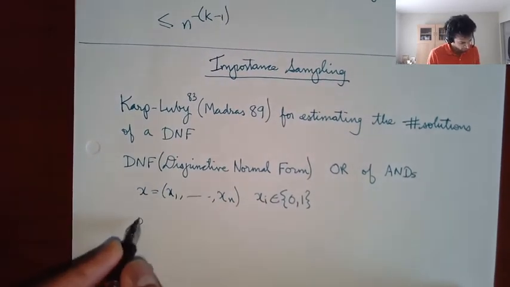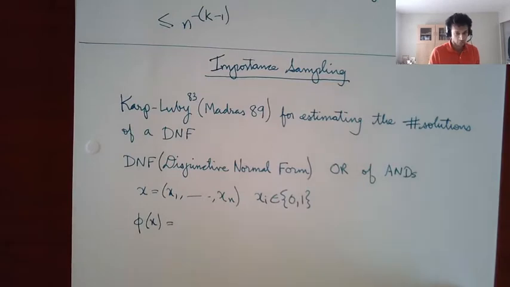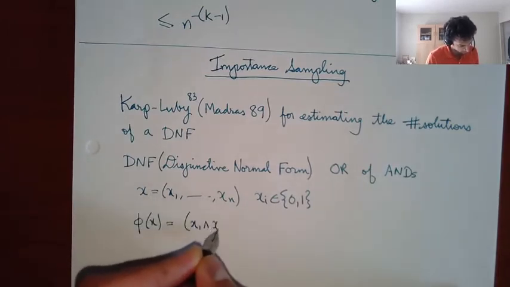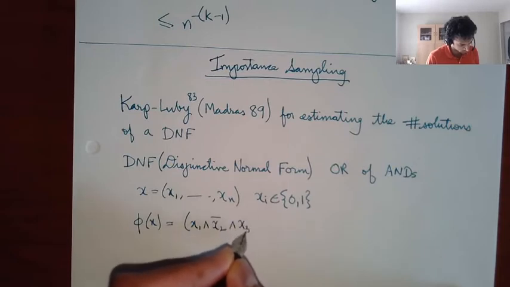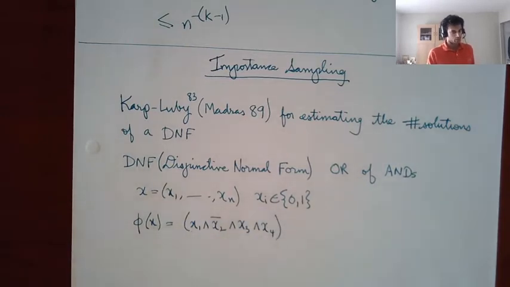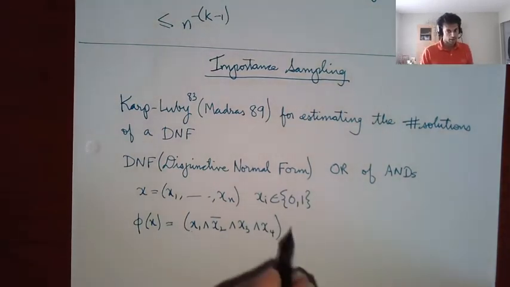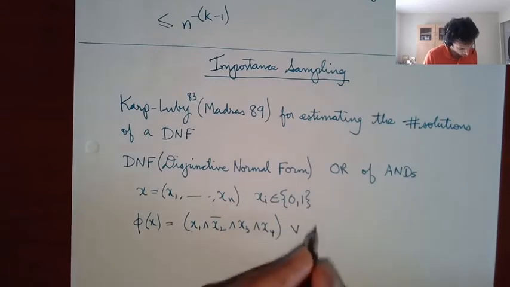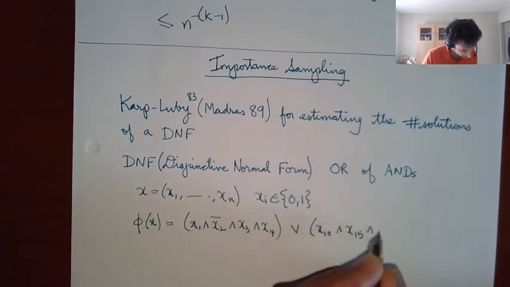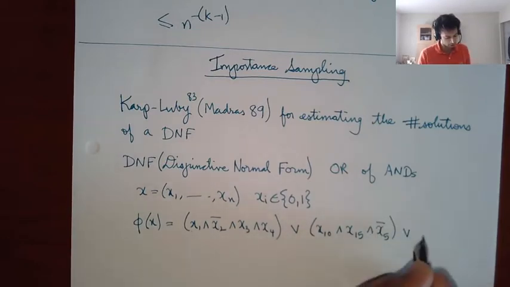And our formula, phi of x, can be written as, for example, x1 and x2 and not x3 and x4, or x10 and x15 or x5, not x5, so on and so forth.